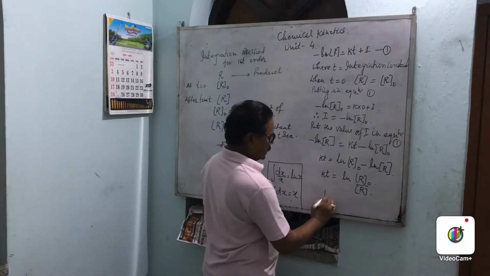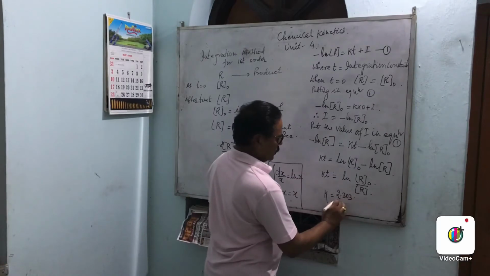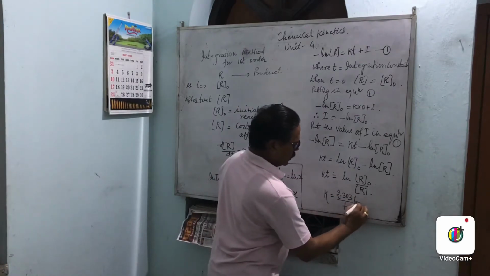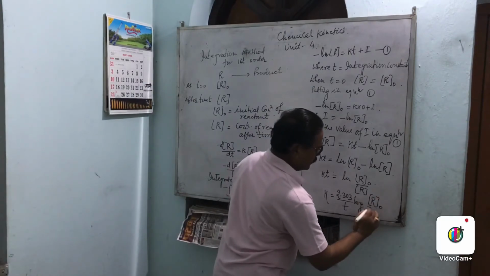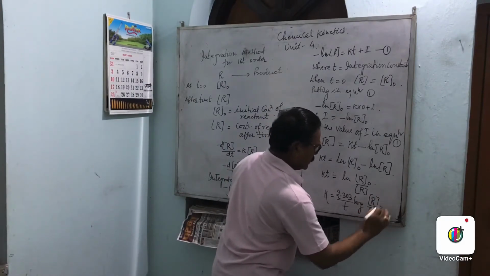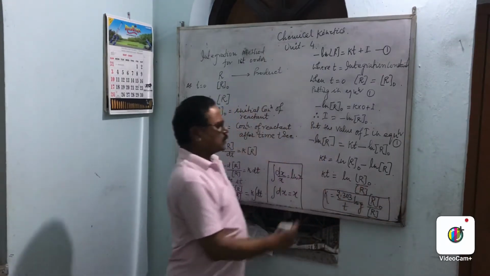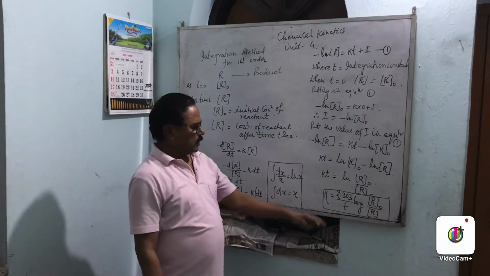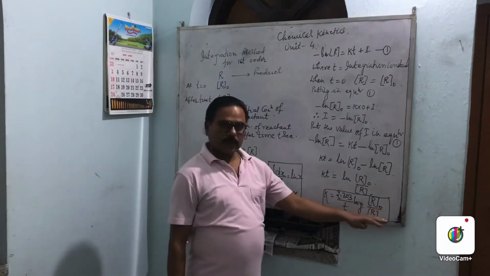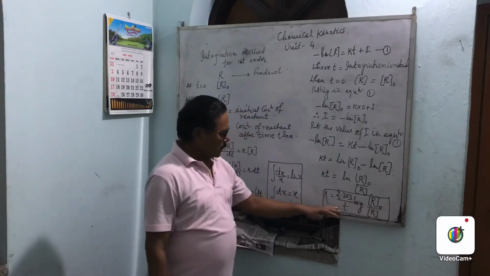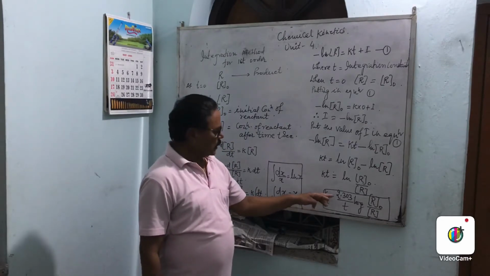Now k is written in the form of log to the base 10: k is equal to 2.303 by t into log R naught by R. So this is the rate constant for the first order reaction. If the initial concentration is known, the concentration after the lapse of certain time is known and the time is given, we are able to calculate the value of the rate constant.